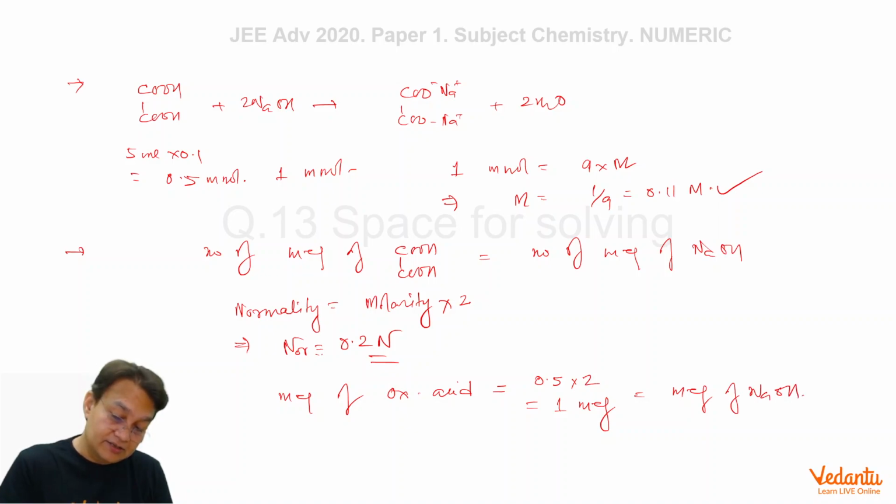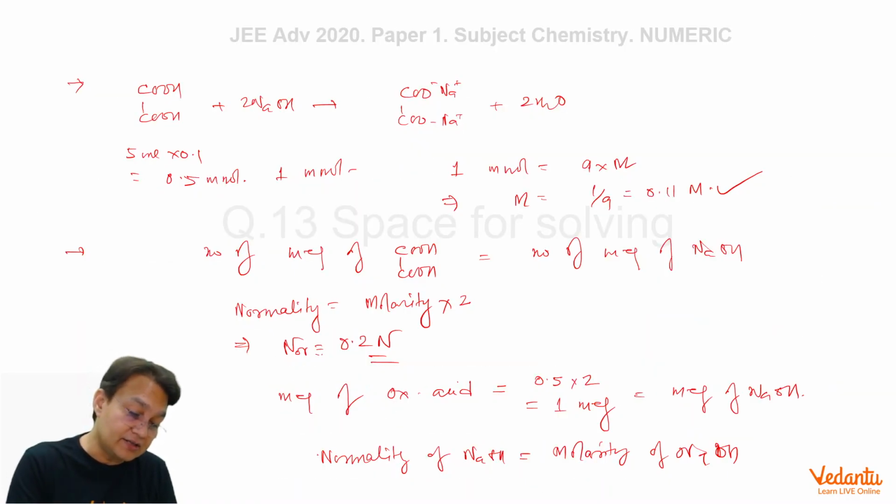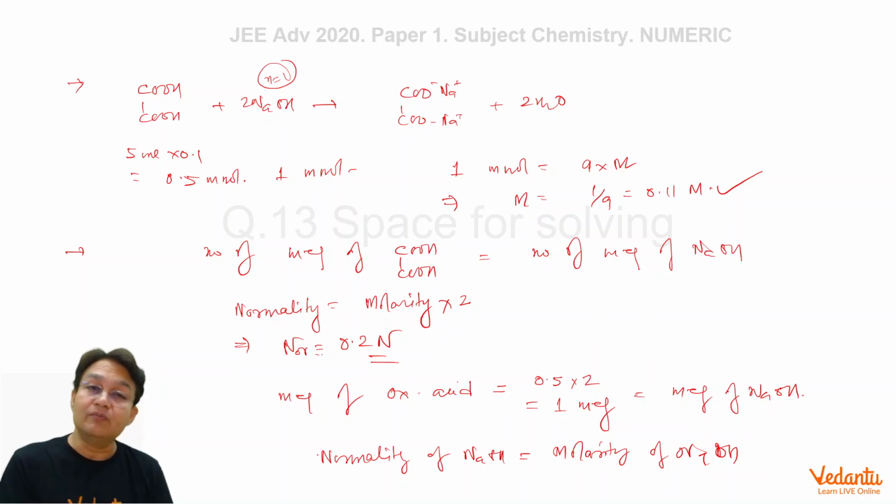Since the normality of NaOH is equal to the molarity of NaOH, because the n factor of NaOH is equal to 1, you can easily prove that the milli equivalents of NaOH equal the millimoles of NaOH. So you will get the same result by this equivalent method.